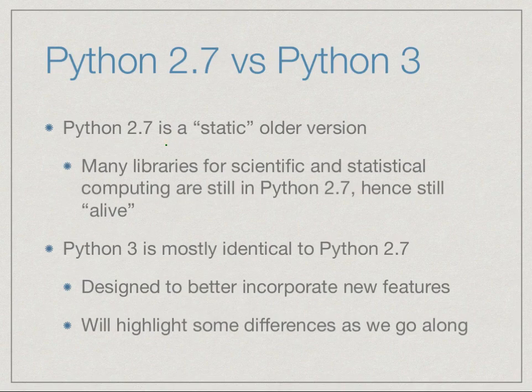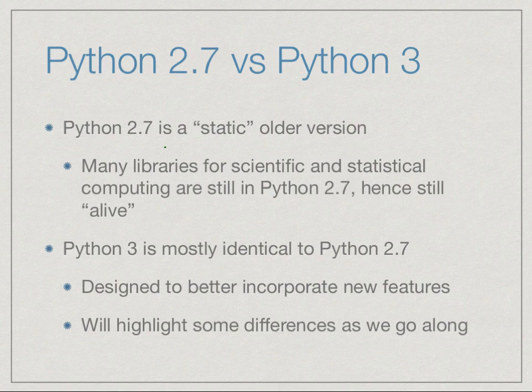So what is the difference between these two versions? Well, Python began with a few features and it kept developing into a more versatile programming language. Python went through many iterations, and Python 2.7 was a version that was reached when the developers of Python decided that they should make a clean start, and some of the new features which had been added in an ad hoc way onto the language should be integrated in a better way, which makes it a more robust programming language.